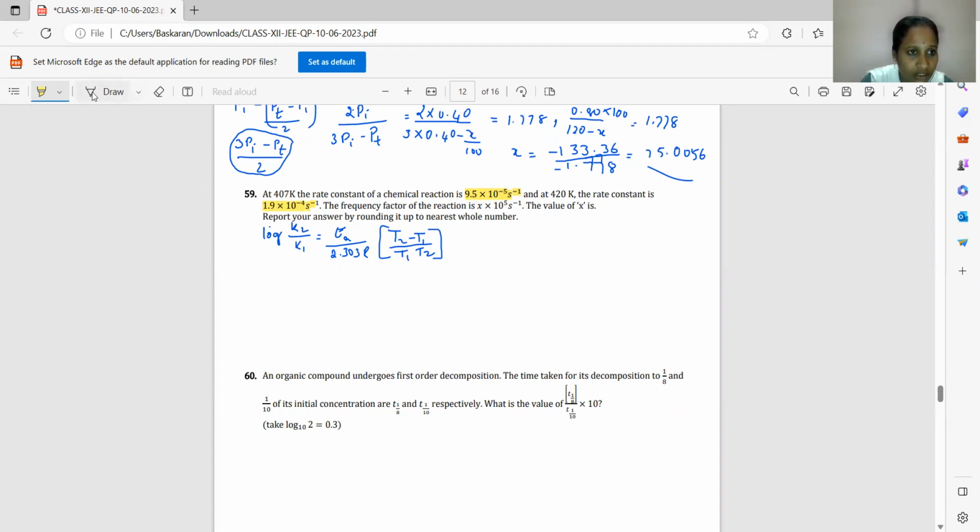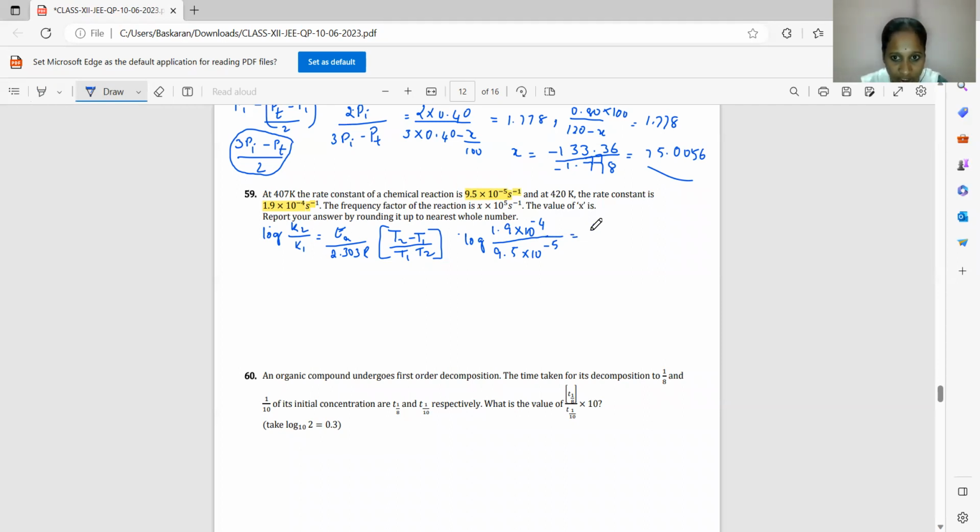Substituting all the values, we will get log of 1.9 into 10 power minus 4 divided by 9.5 into 10 power minus 5 is equal to the activation energy we are actually determining.